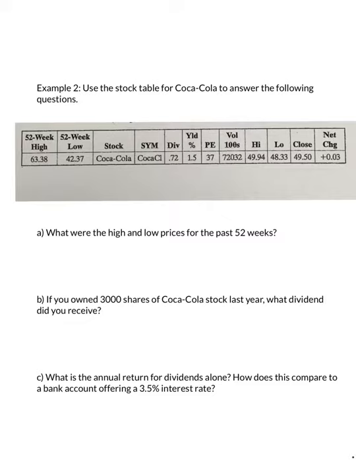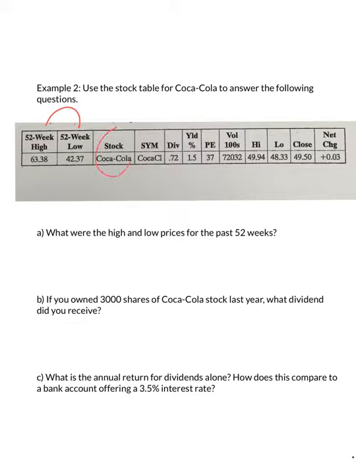Looking at example 2, it says use the stock table for Coca-Cola to answer the following questions. So as we're looking through here, we have the cost, the 52-week high, the 52-week low. So that's the highest price the stock went for in the last 52 weeks, and the lowest price that the stock went for in the last 52 weeks.